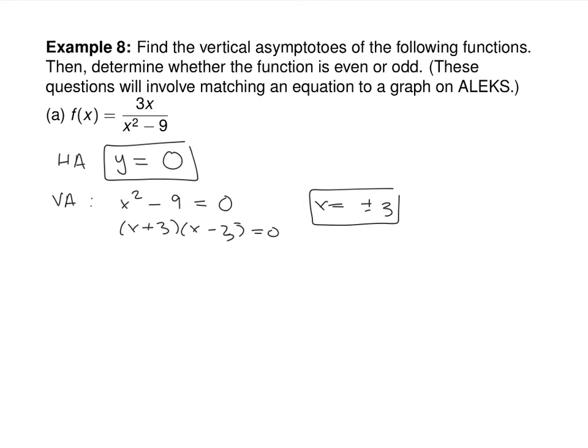Now the rest of it you can figure out using even or odd. So remember that to check for evenness and oddness, what do you plug in for x? No, you plug in negative x. So that will be 3 times negative x over parenthesis negative x squared minus 9, right?